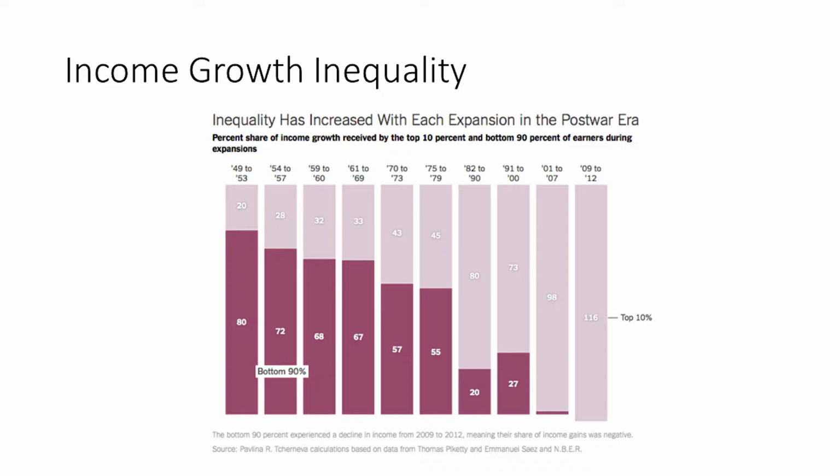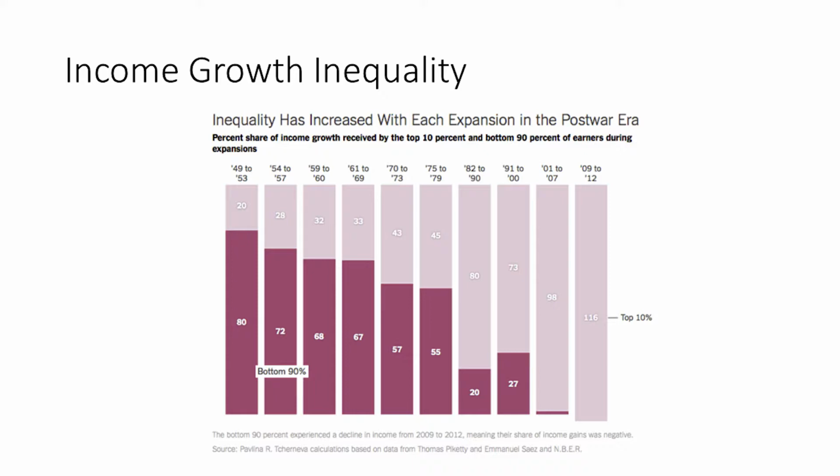So this slide really shows the top 10% of the economy versus the bottom 90% of earners. So if you look from 1949 to 2012, almost all of the income is going to the top 10% wealthiest in the country.